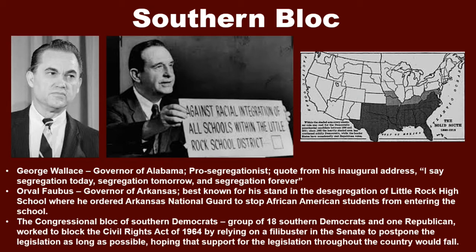This was a group of 18 Southern Democrats and one Republican in the South. They worked to try to prevent civil rights from being passed and approved. They would rely on filibusters, which is basically standing up and talking before the House or the Senate for so long that the bill just finally got delayed.